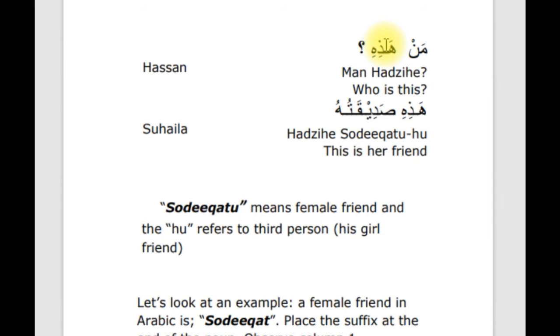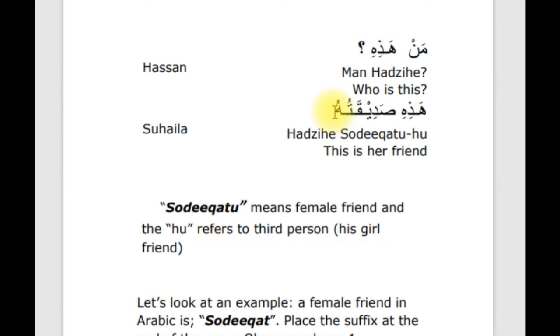Let's observe the feminine gender form. Man hazihi? Who is this? Hazihi refers to a female gender form. So reply: hazihi sadiqatu. If I want to make sadiq a feminine noun, I need to put a ta here. Sadiqatu.